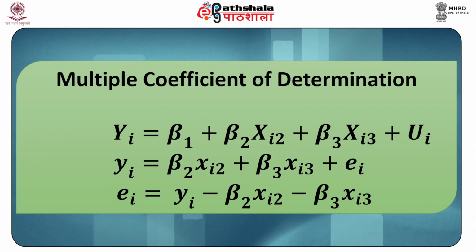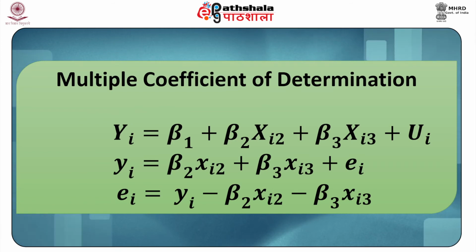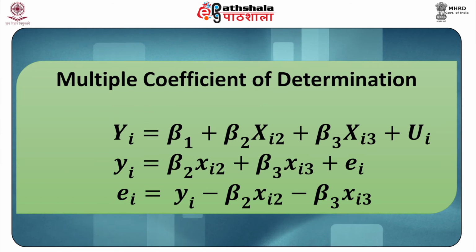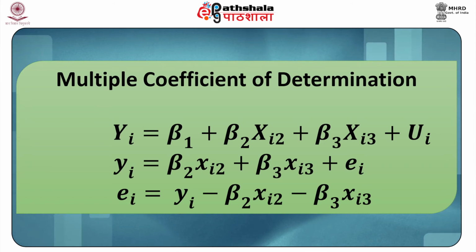It can be shown that y_i is equal to beta 1 plus beta 2 x_i2 plus beta 3 x_i3 plus mu_i. Therefore, in deviation form, we find equation 14 from above. We can just rewrite that, and we get small y_i is equal to beta 2 into small x_i2 plus beta 3 into small x_i3 plus e_i, and e_i therefore is equal to y_i minus beta 2 x_i2 minus beta 3 x_i3.